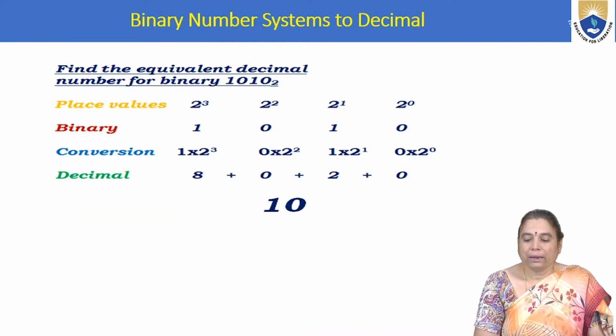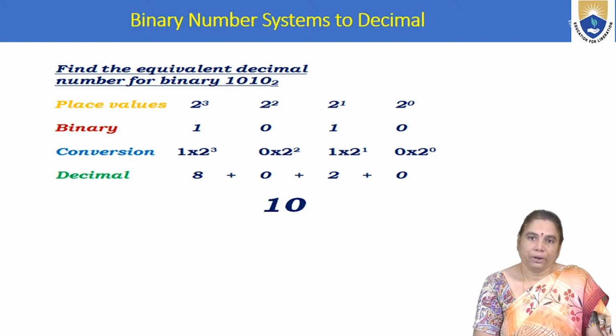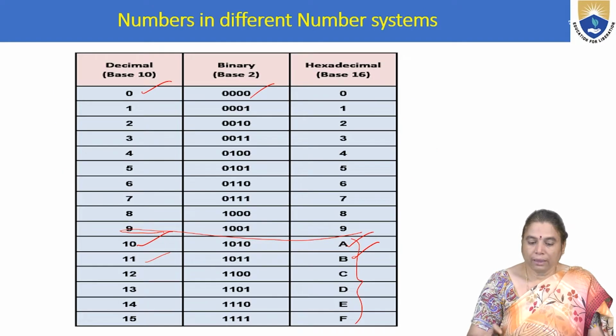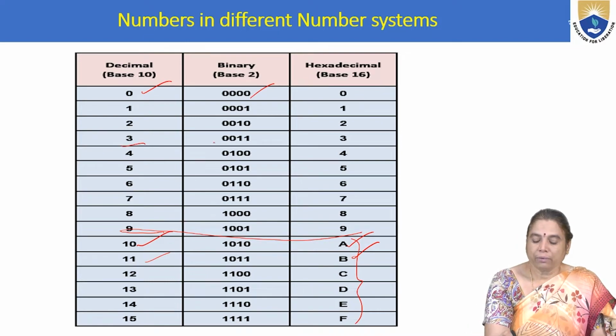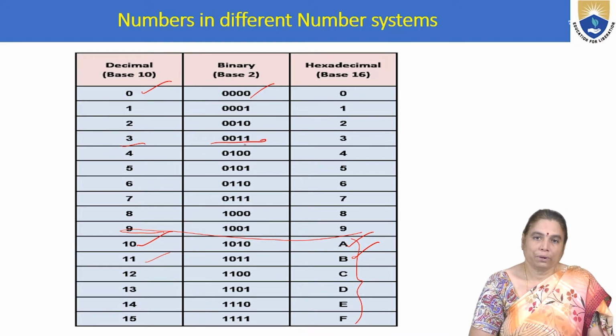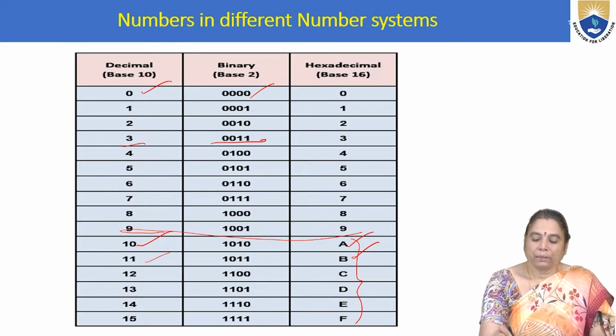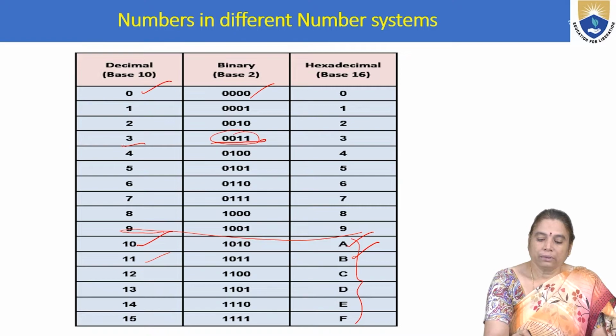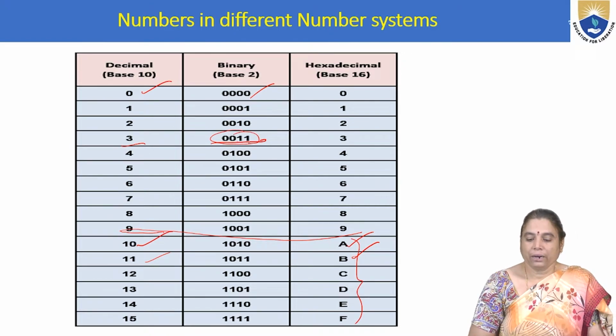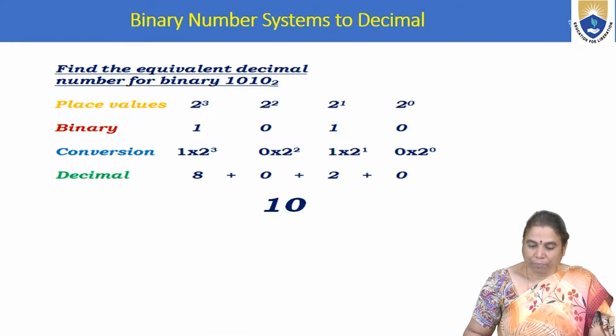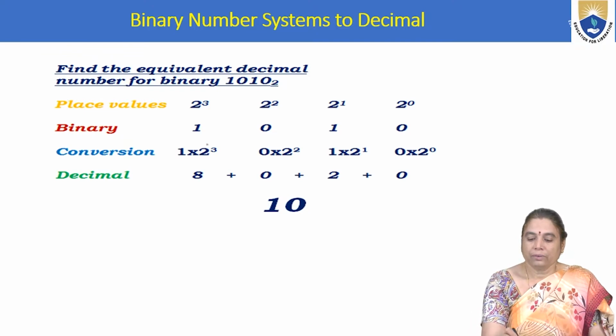Now, how can a binary number be converted into decimal? Here, if you take 3, it is represented in 0011 form. The digit values are multiplied by the positional value of the binary number system.